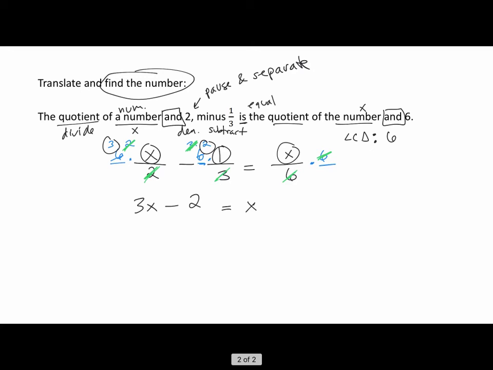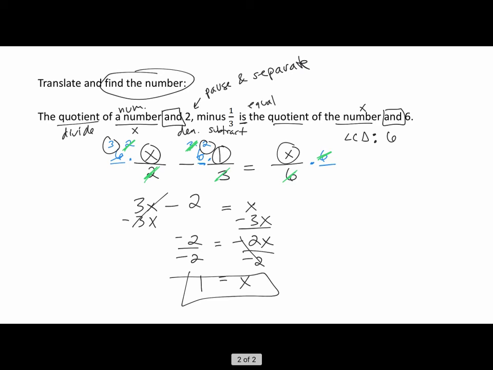So now we have a linear equation, and I just want to get my number terms on one side, my variable terms on the other, so I'm going to subtract 3x from both sides of the equal sign. Then I have negative 2 equals minus 2x. Just need to divide by that negative 2 coefficient of the x term on the right side. And then I'll have 1 equals x, or x equals 1, same thing.